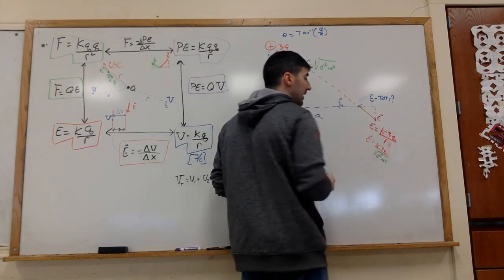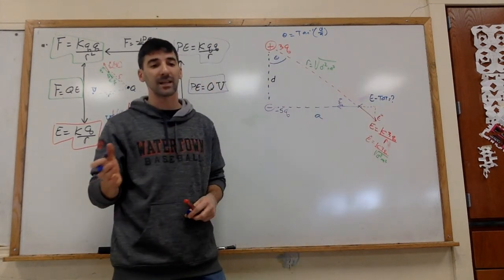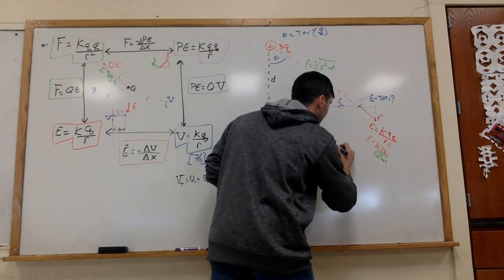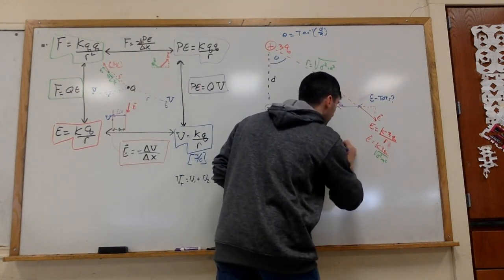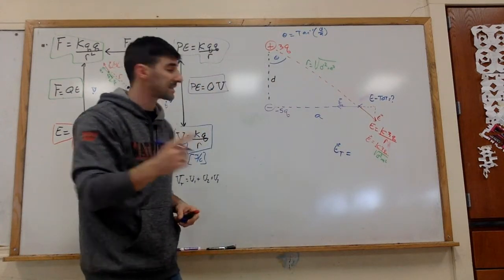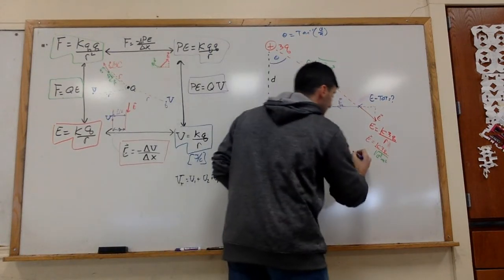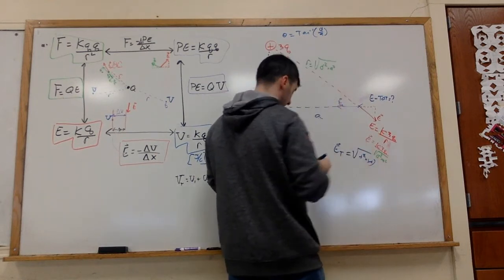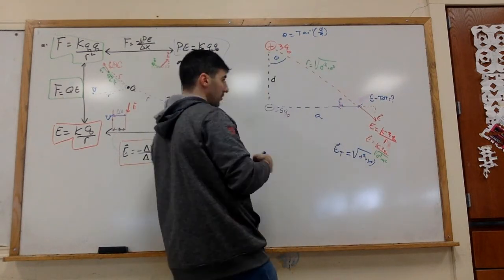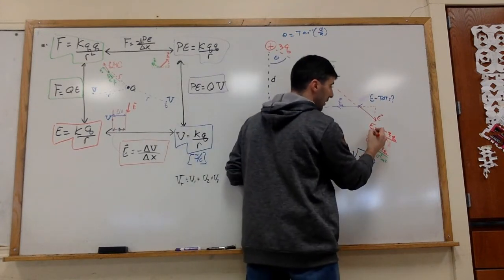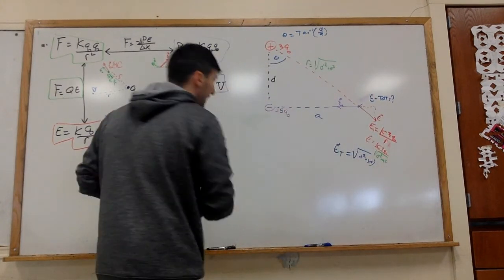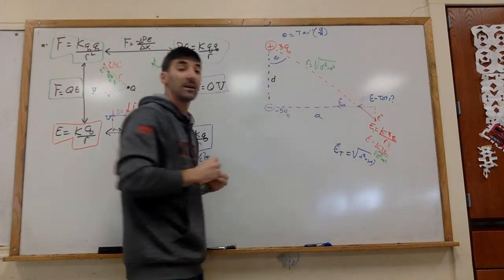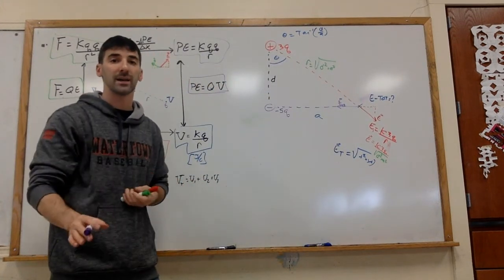I only have my y component, and then I find my net electric field by simply using my Pythagorean theorem, where my electric field total is, very simply put, my x component squared plus y squared, of my electric field due to the 3q, which I can call E1, and my electric field of my negative 5q, which I could call E2. Very simple, we've done that a whole lot of times.